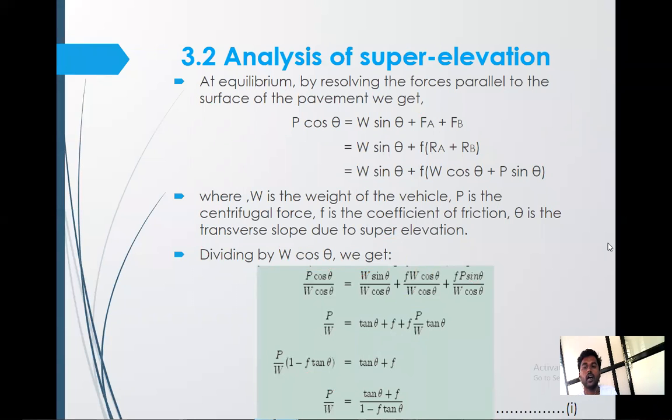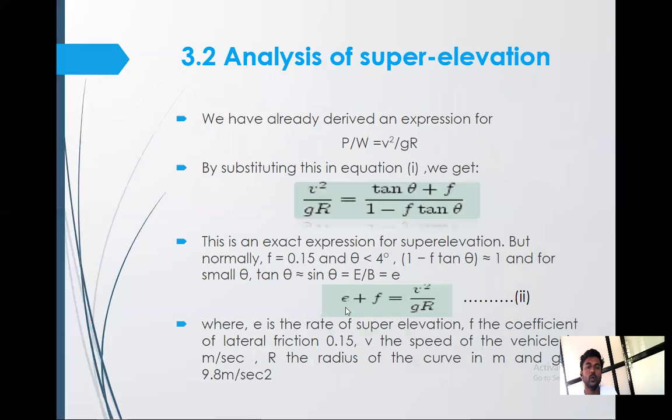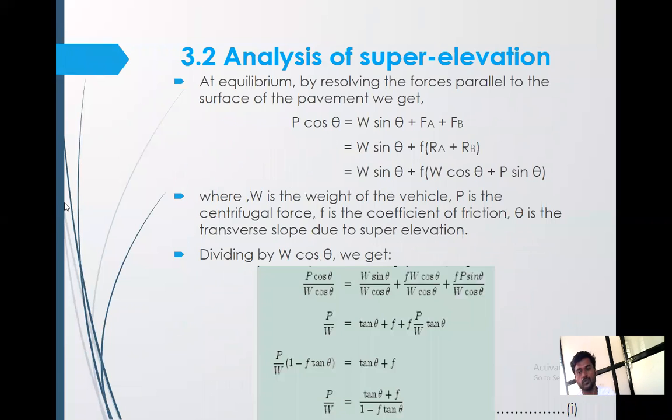But what I will do now, as I know P by W is equal to V square upon GR, I equate this with the equation. What we have got in the previous equation is P by W equal to tan theta plus F divided by 1 minus F tan theta.